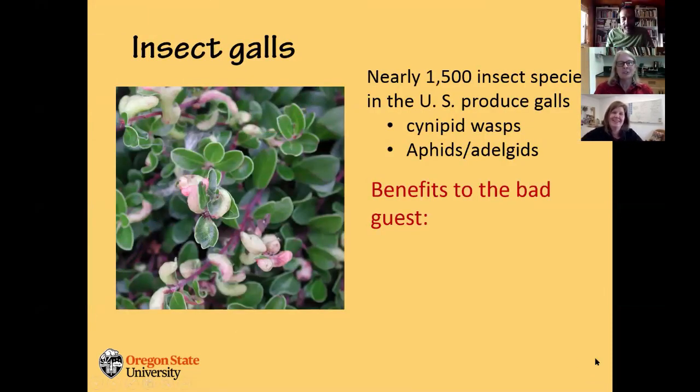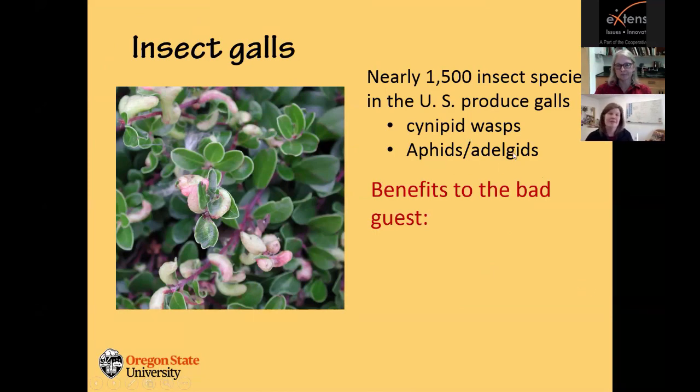Now, I'm going to, like I said, just sort of breeze through these insect galls. There are a lot of different species of insects that can produce galls. A lot of them are wasps or in the Hemipteran order, aphids and adelgids.